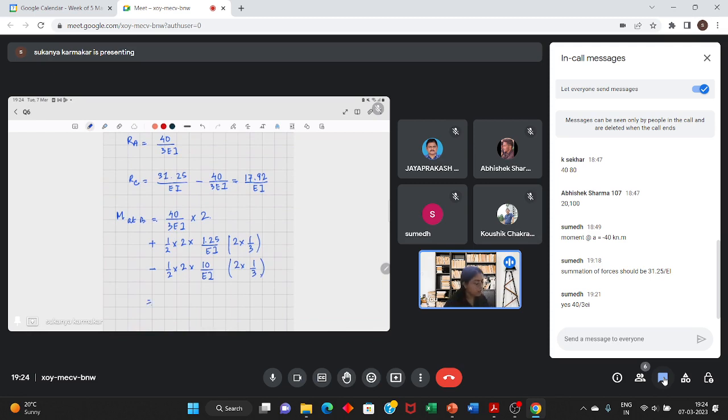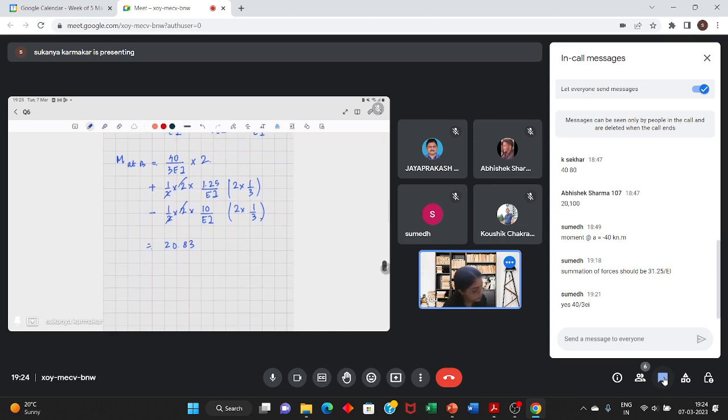So on calculating this, you will get it to be 20.83 divided by EI.